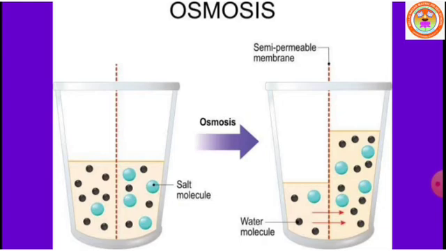Both the pure water and the highly concentrated solution are separated by the semi-permeable membrane. Here the movement of solvent or water molecules from the region of higher concentration to the lower concentration through the semi-permeable membrane takes place.